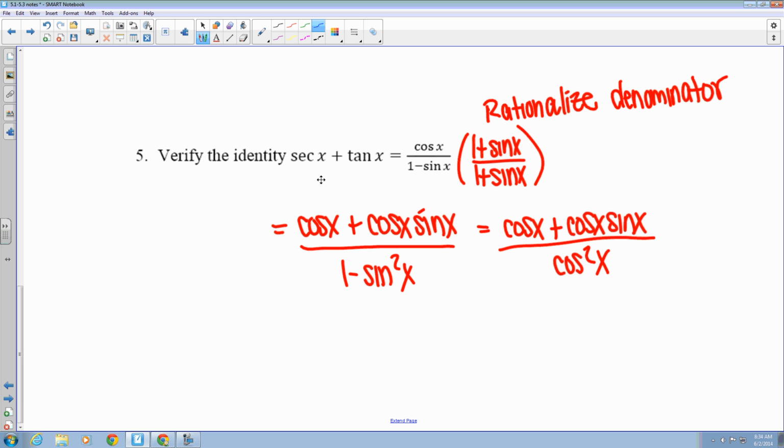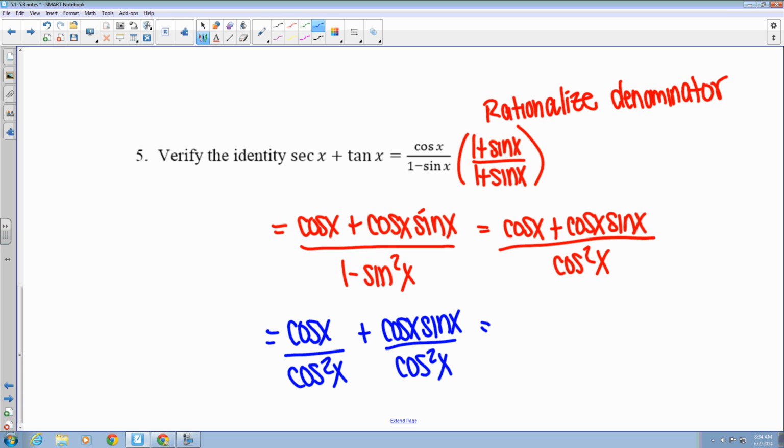Okay, now that we have one term on the bottom, it looks like it will be easy to split this up into two fractions here. And simplify. First term, one of the cosines cancels, so we have 1 over cosine. And second one, a cosine also cancels.